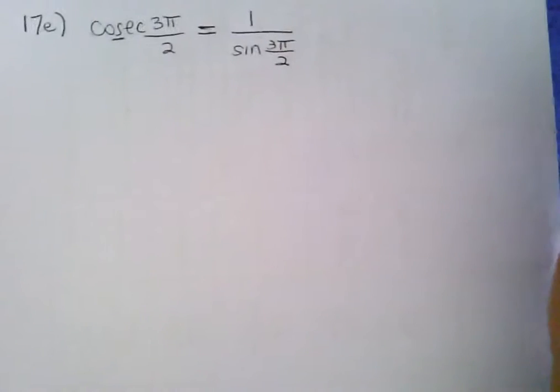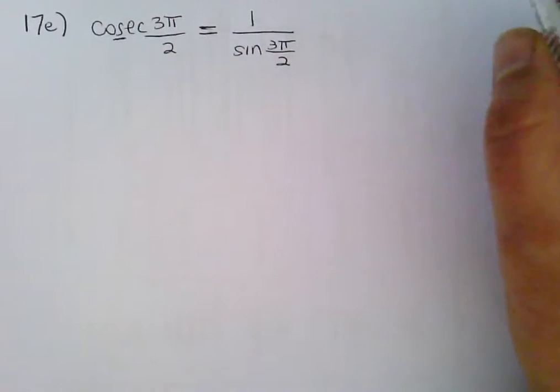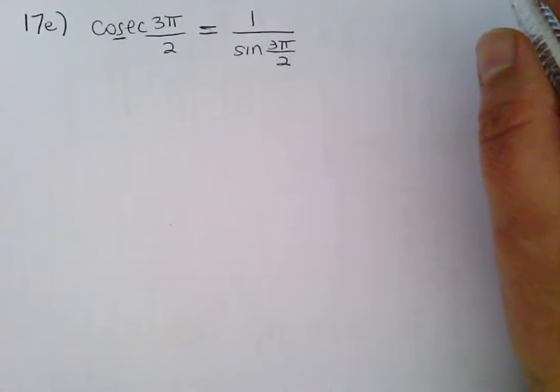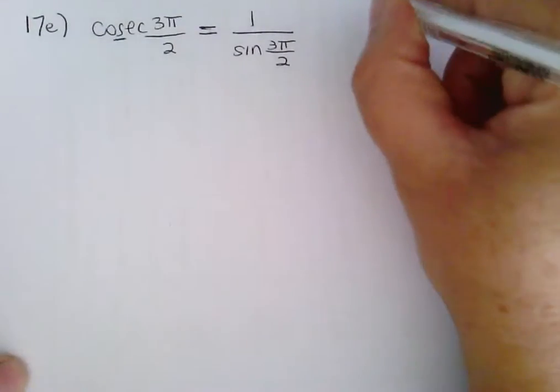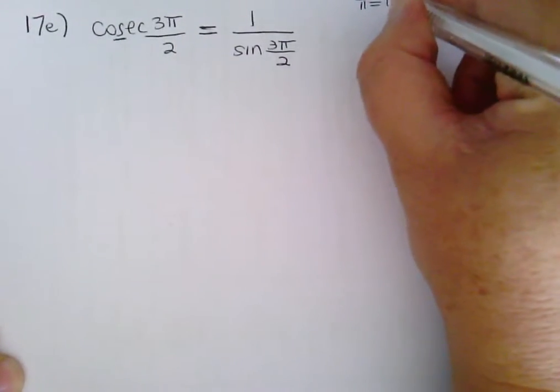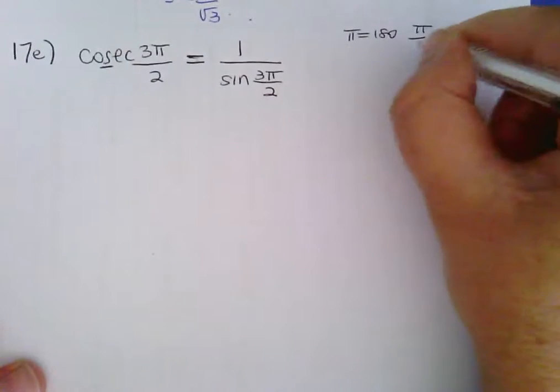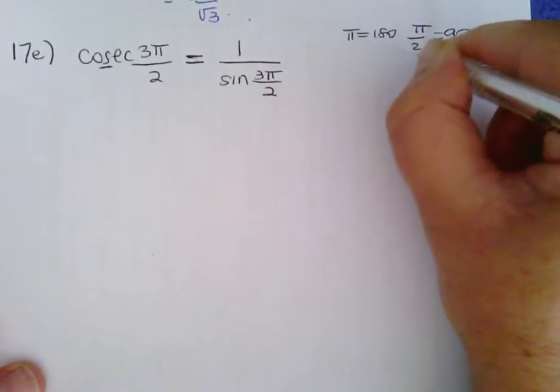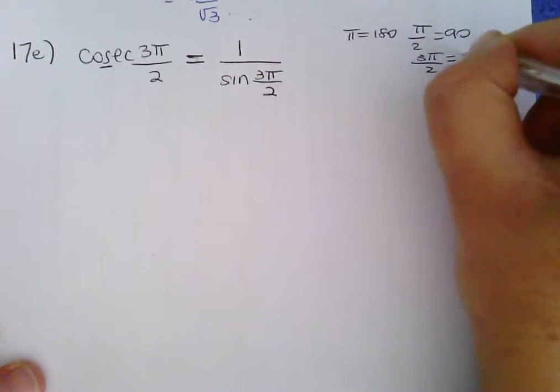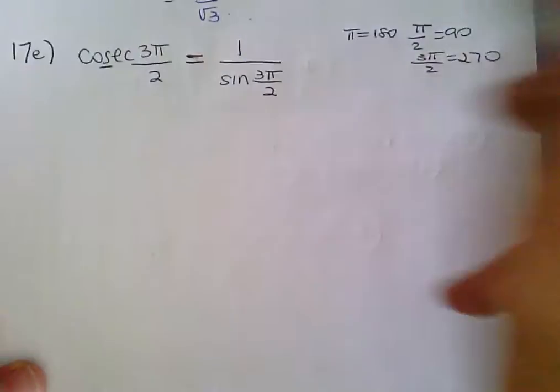You've got to recognize your radian measures for 90, 180, 270, 360. 90 degrees is pi on 2. 180 degrees is pi, remember? So pi is 180. Pi on 2 is 90. 3 lots of pi on 2 is 270. You have to know what is 270.